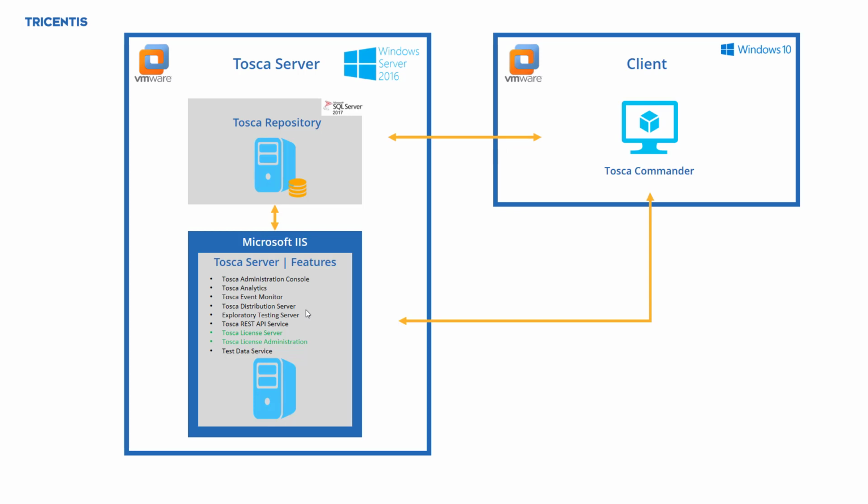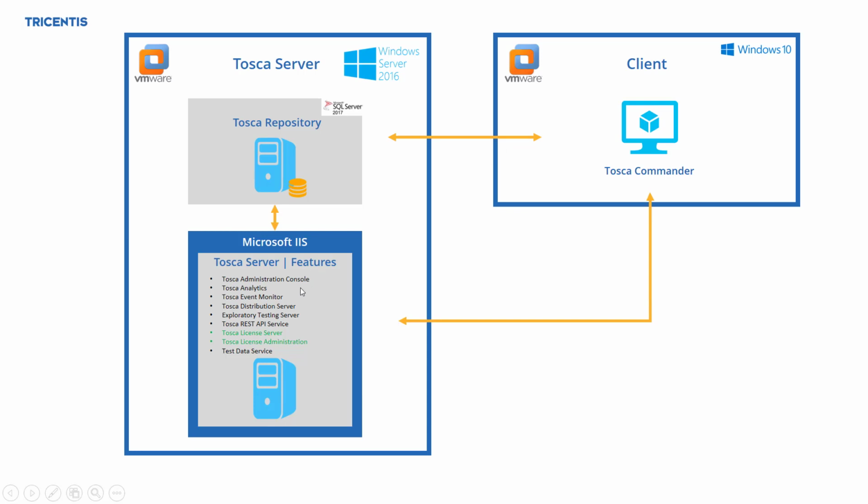So what we will have done is we will have installed the Tosca server, not with all features, as you can see here. We only will run through the installation for the Tosca license server and the Tosca license administration. As you can see here, a lot of other features are included.